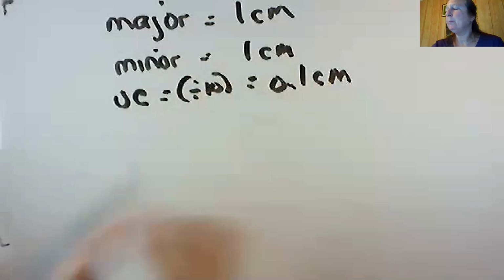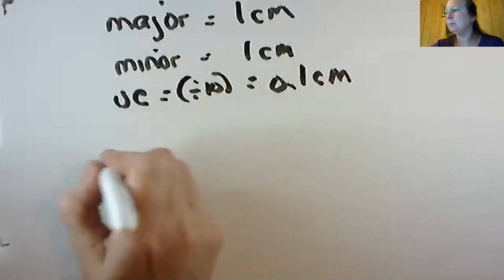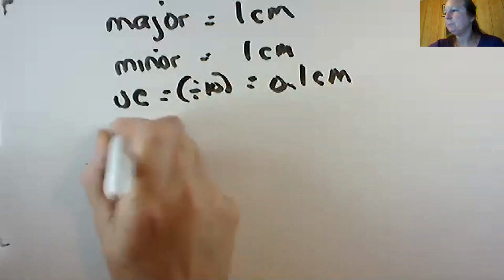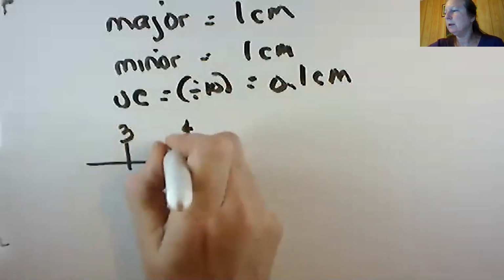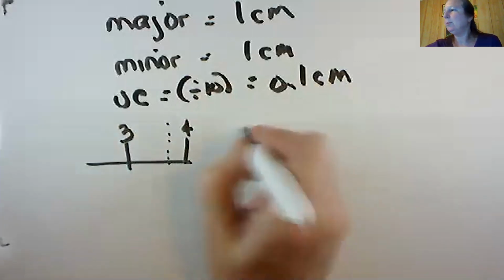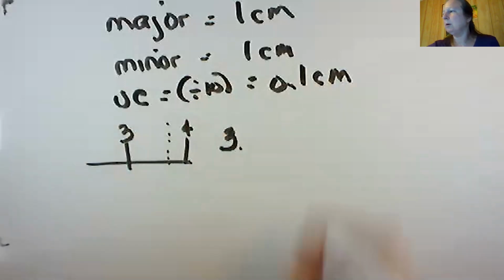Now it was between 3 and 4. I'm going by memory here. And I think it lined up something like that. So my measurement is going to be at least 3, but not 4.